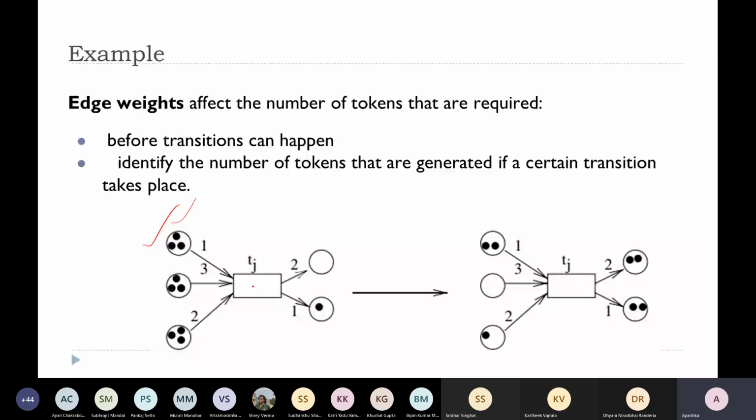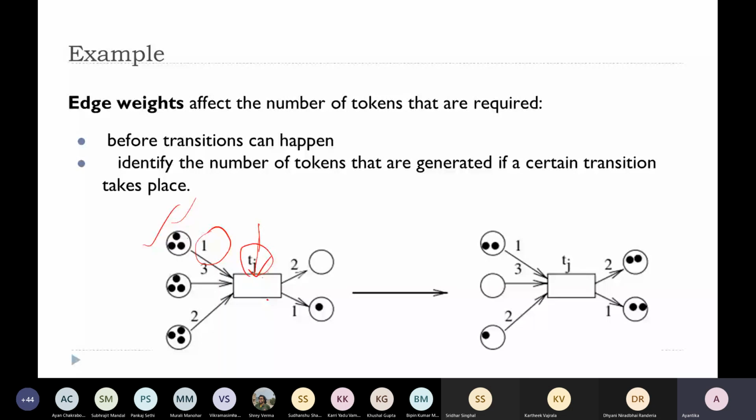When a transition condition is satisfied, maybe this is TJ, that transition will consume some number of tokens, decided by the weight of the edge between this place and this transition.